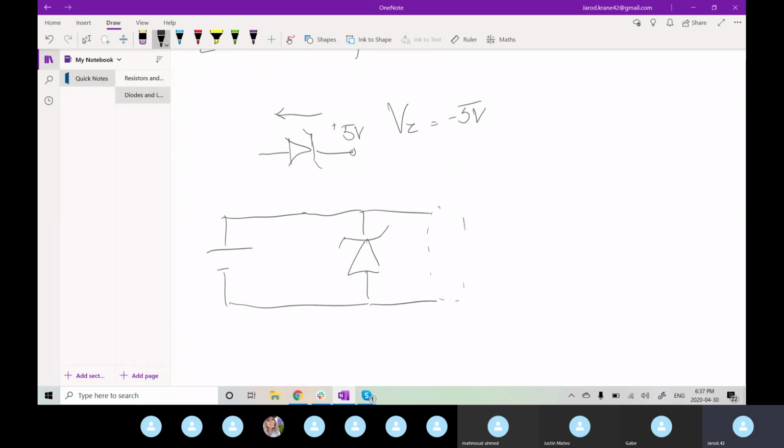If we were to call this a 5 volt Zener, it would block any current flow as long as this is less than 5 volts.